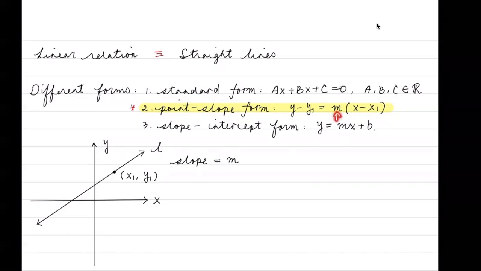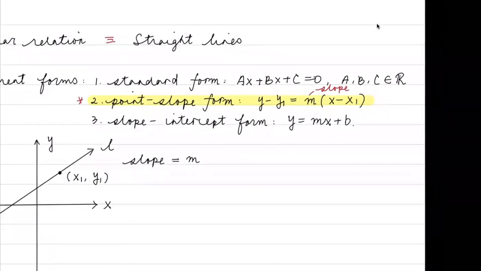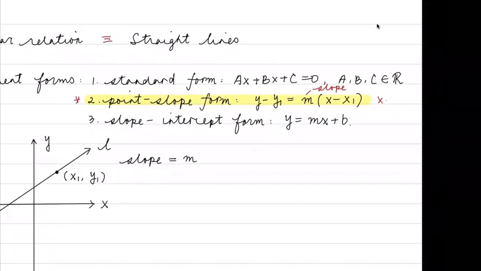Here, m is the slope of the straight line, and x1, y1 is a given point on this straight line. This is the most important one that we need to study in this class.